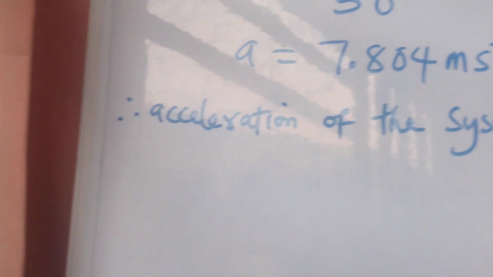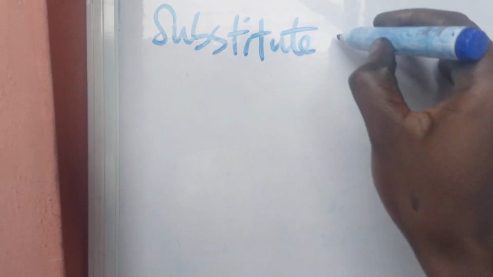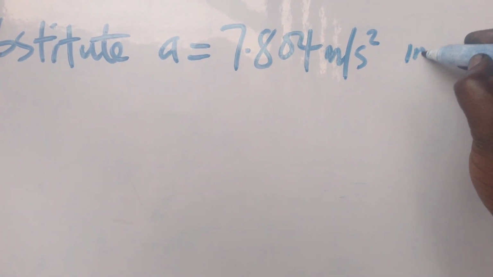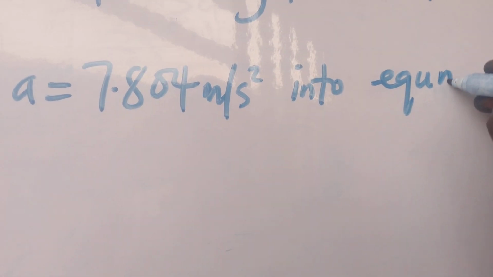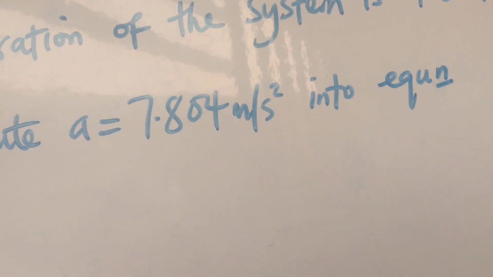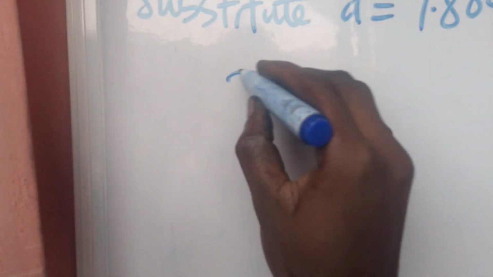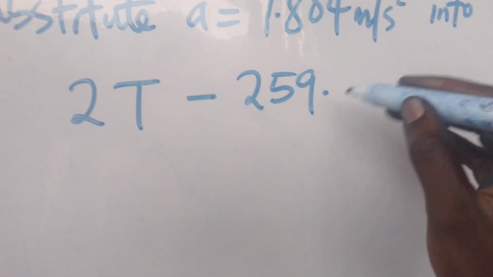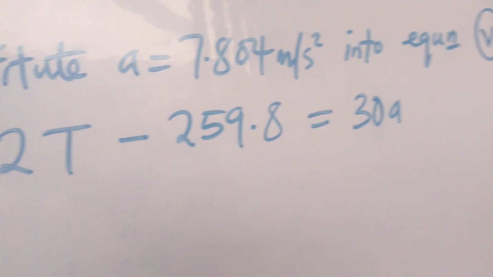Okay, now how do I find the tension? To find the tension, I substitute A equals 7.804 meters per second square into equation 5 or equation 6. Let's use equation 5. Equation 5 is 2t minus 259.8 equals 30A.